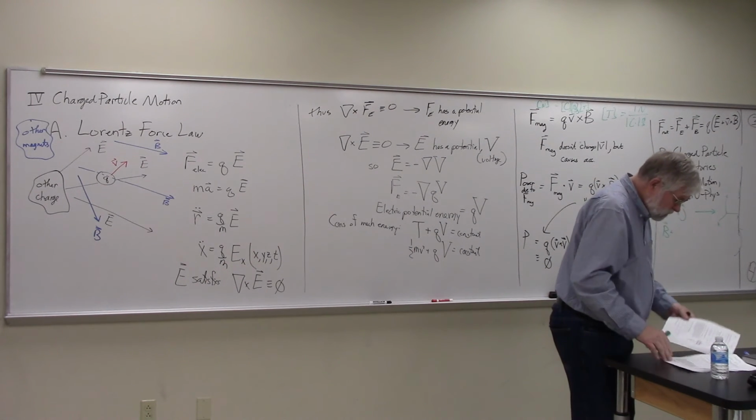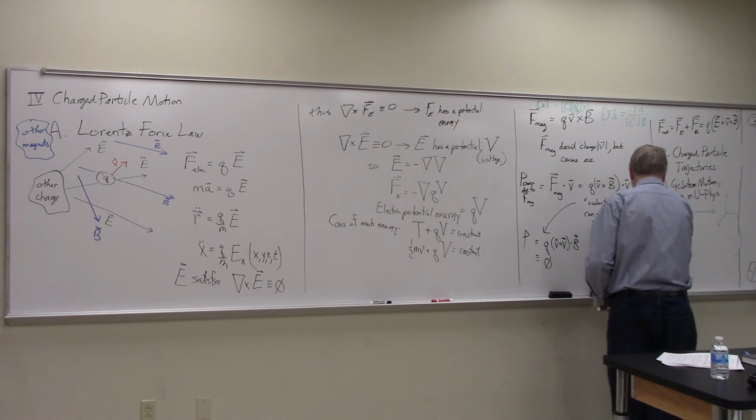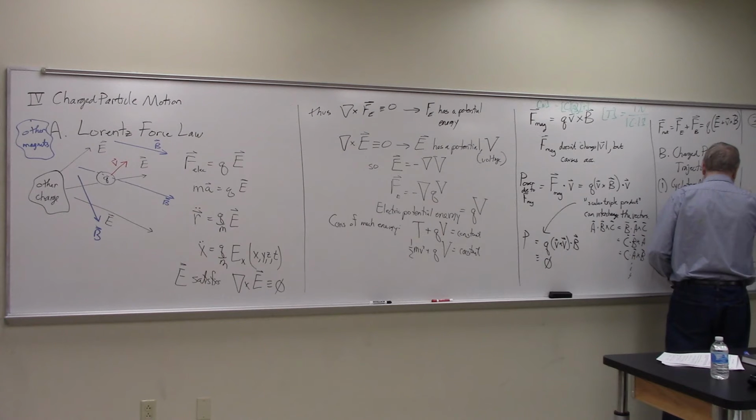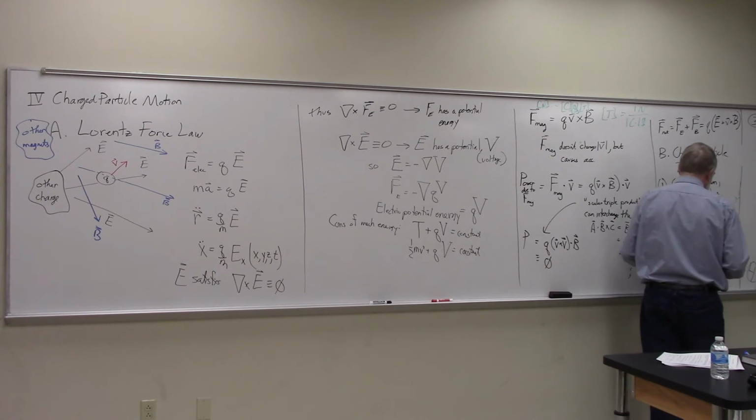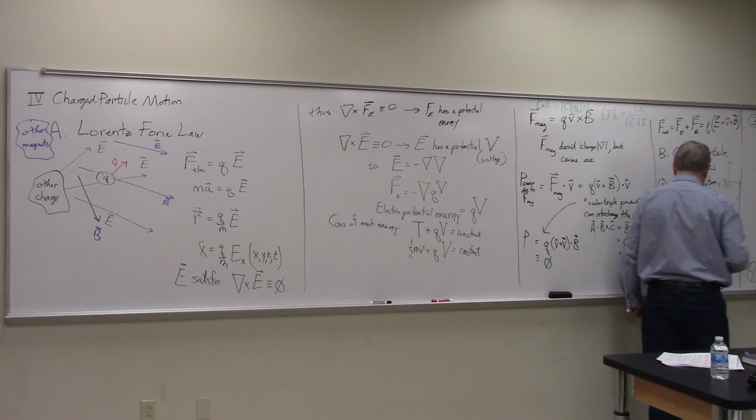I want X to go into the board. Match something that I do later on. Kind of a funky looking picture. From the top, it would look like X, Y, and then Z is into the board.